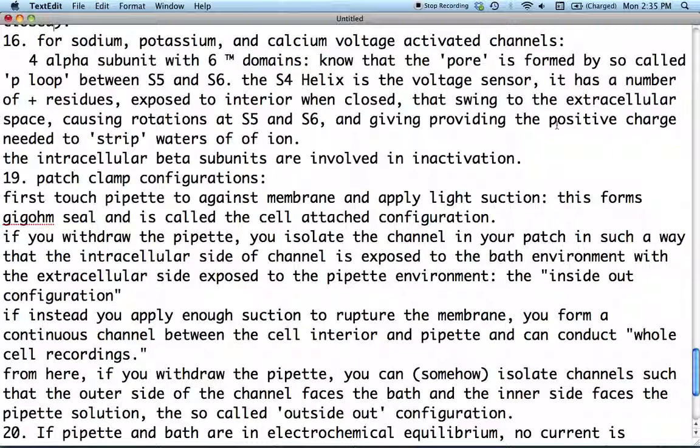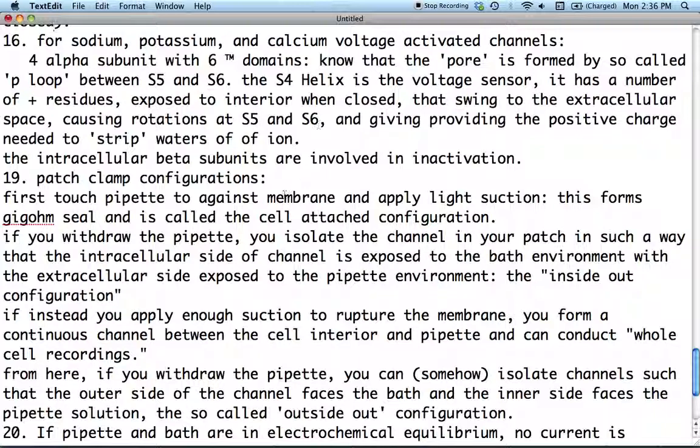Also, now you've got these positive charges swinging to the outside, and these are needed to strip the hydration from the ion, because a sodium ion, for instance, has this positive charge. It's going to be attracting 4 water molecules to it, and these need to get stripped away in order for the ion to pass through the channel.